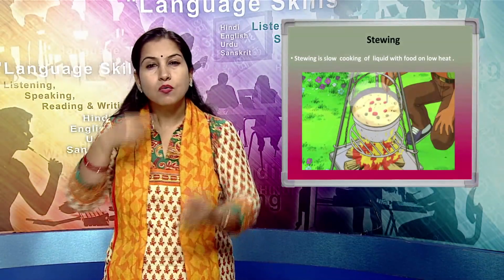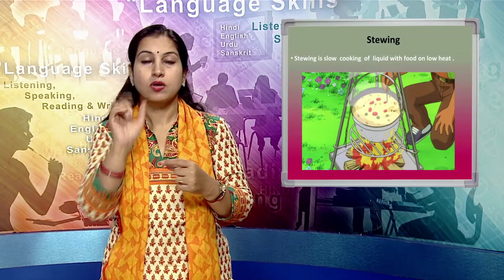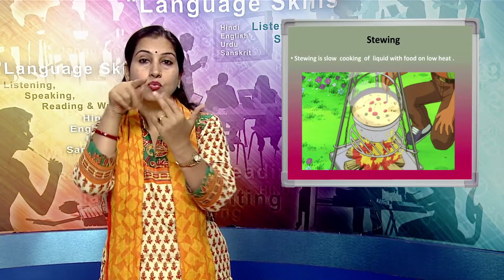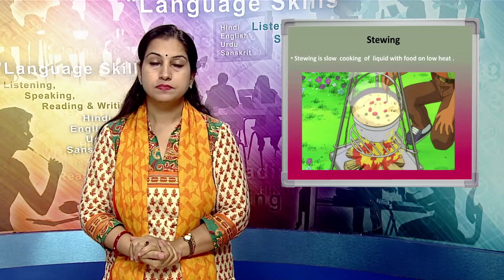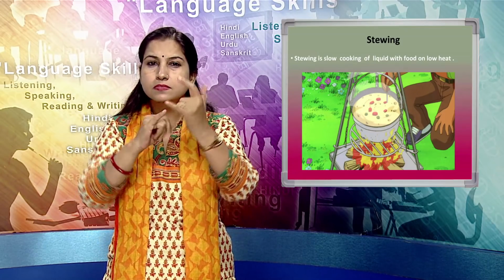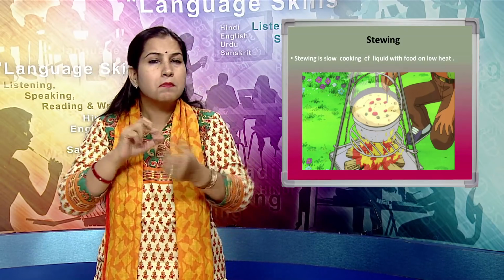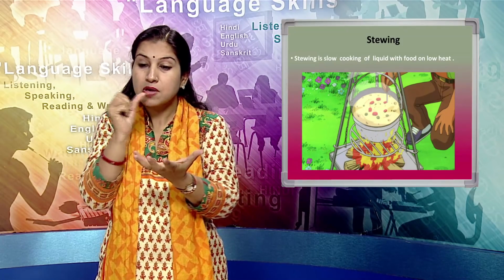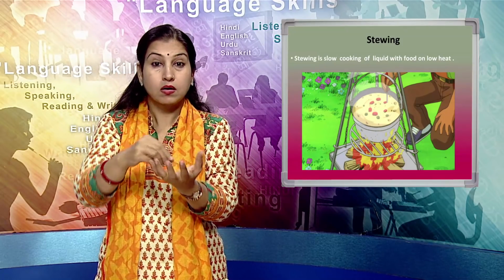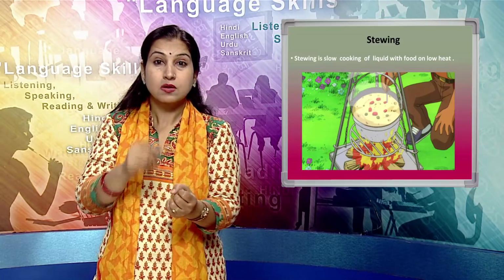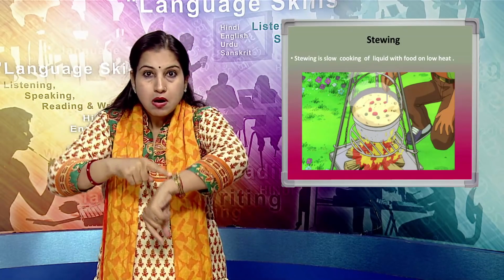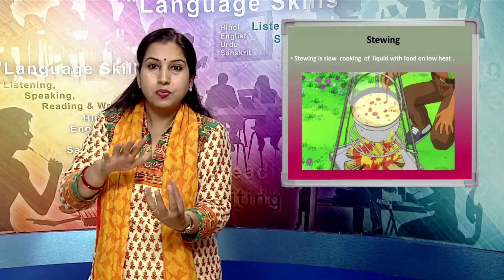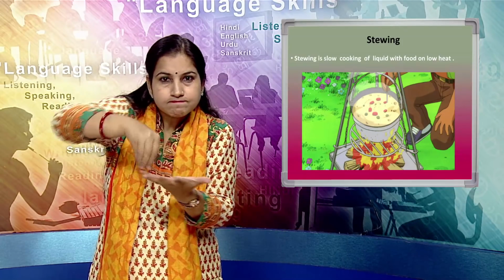Now let's talk about another point, stewing. Stewing is cooking food in a small quantity of water, kept below boiling point, and for a long time. This is slow cooking on low heat.